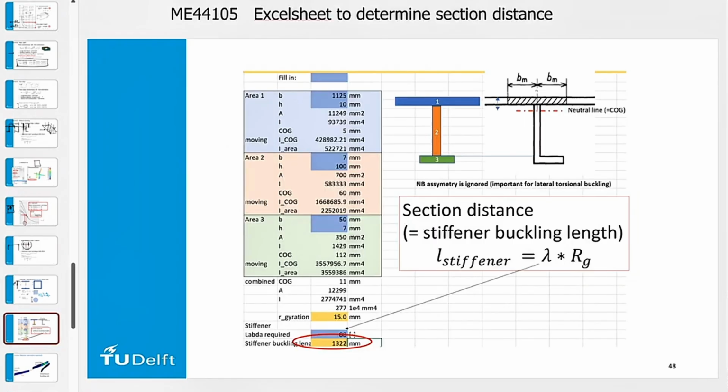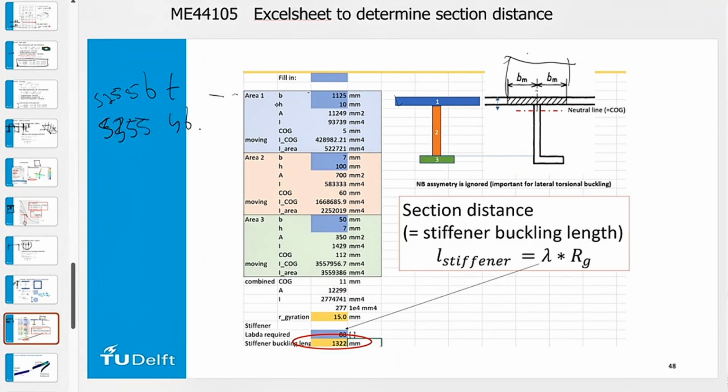For my students, I made a very simple Excel sheet where I calculate the area of my plate, where the limit is maximum the effective width, which we calculated before. So that is maximum 56 times the thickness for S235, or for S355 that is then 46.